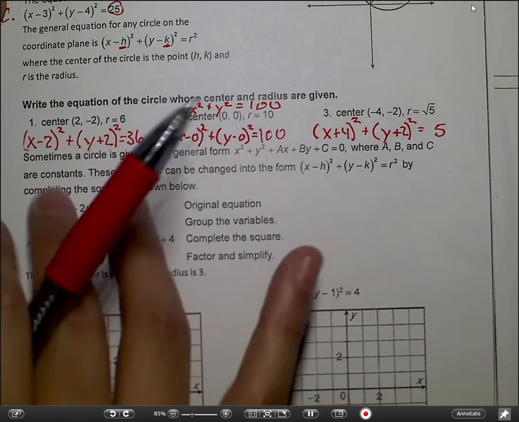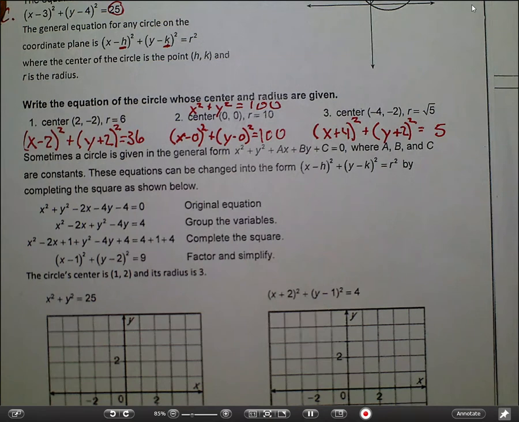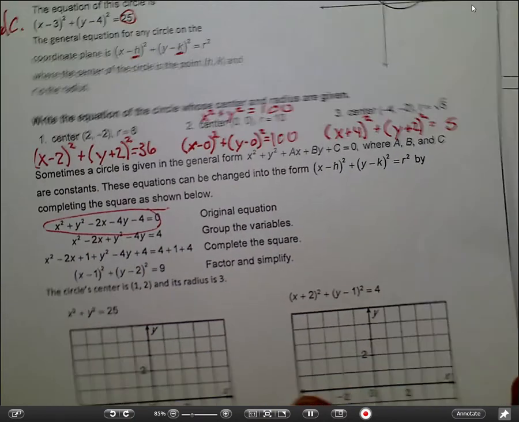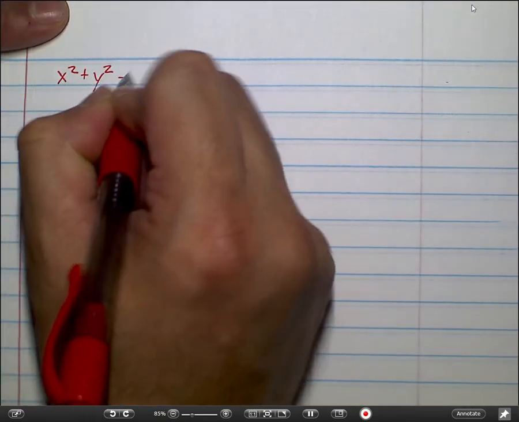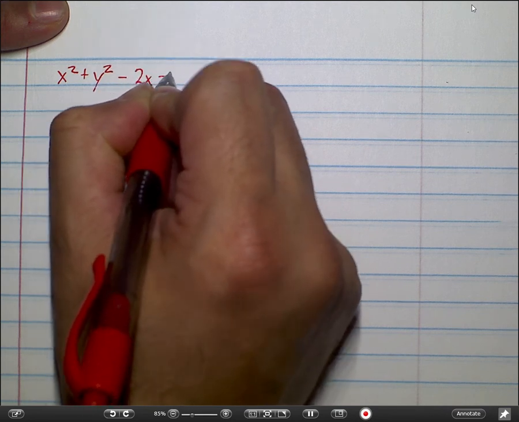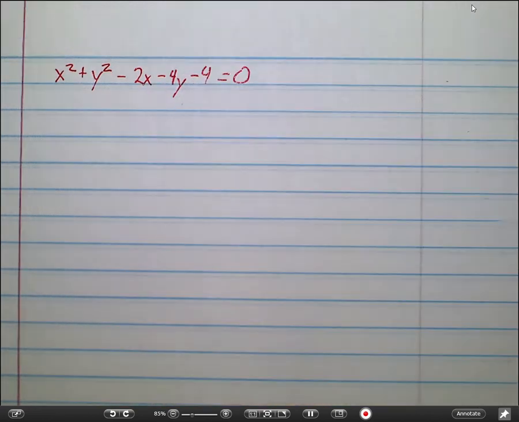So this, I did all the work for you here, but I would rather do it and have you guys work it out with me. So I'm going to take this one right here, and I'm going to do it on the page underneath. So I'm going to rewrite it as x squared plus y squared minus 2x minus 4y minus 4 equals 0.